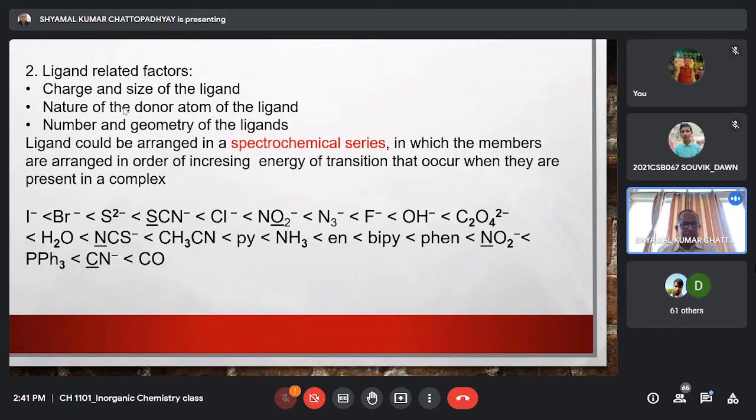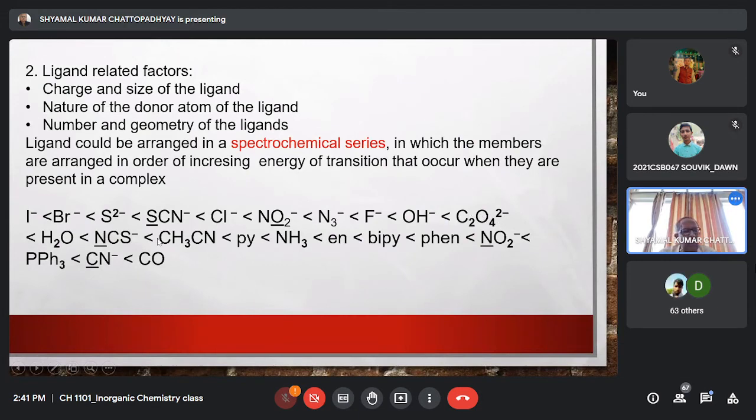For instance, you see here the hydroxyl ion has a -1 charge. On the other hand, the oxalate ion has a 2 minus charge, right? So we expect oxalate, having more negative charge than hydroxide, to have a higher crystal field, and you see oxalate has slightly more crystal field than hydroxide.